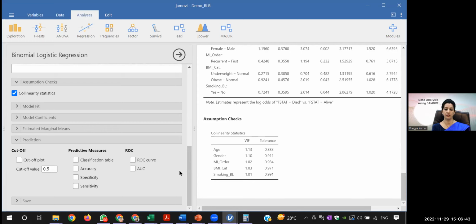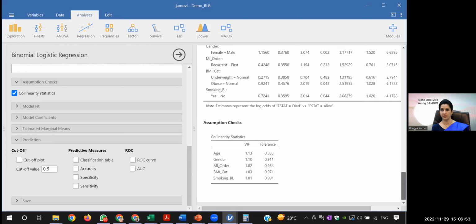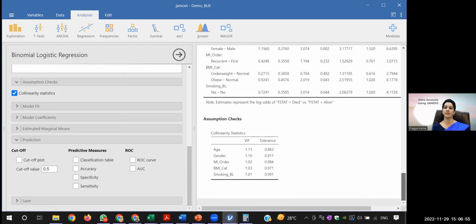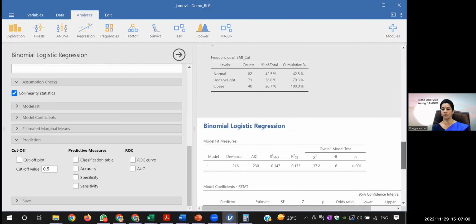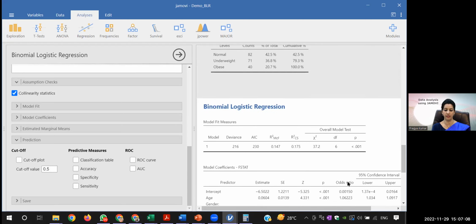So chi-square is... Where is the chi-square? Oh, by mistake, that was on. That's why it came. Where is the chi-square? Okay, 72% accuracy. That is actually the null model. Actually, this overall model coefficient, this is the chi-square value.